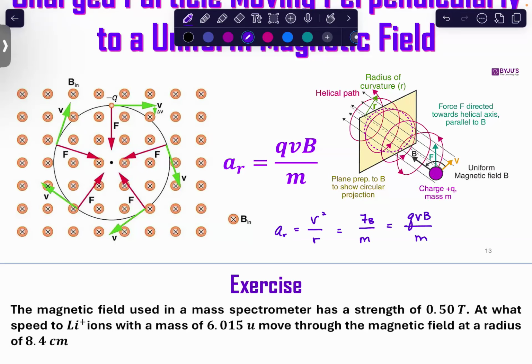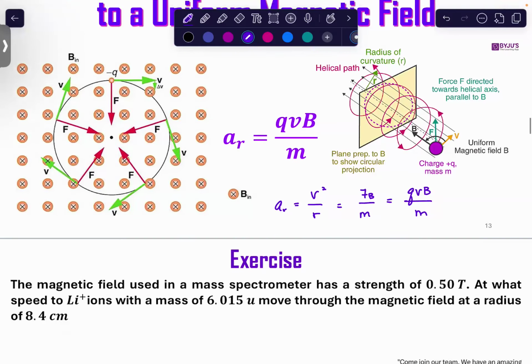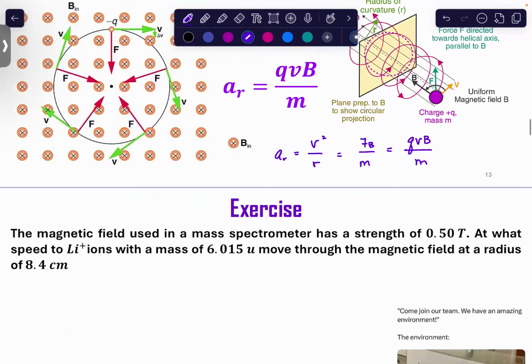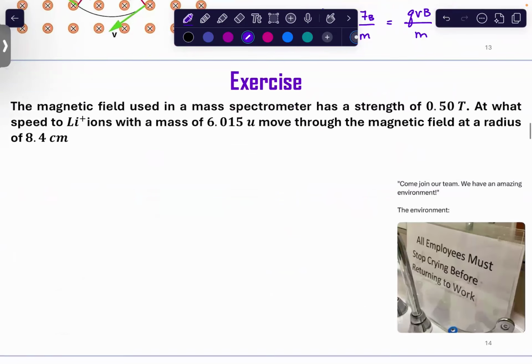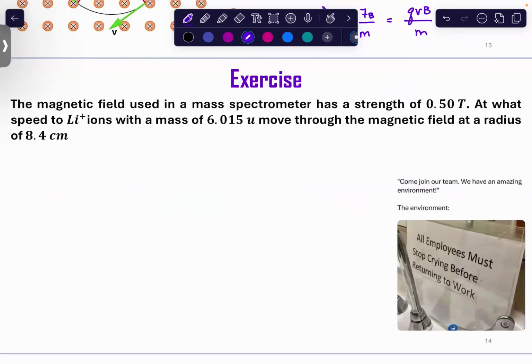So we have QVB over M, but for a lot of problems you solve, you're going to need to use V squared over R equals QVB over M. That's your magnetic force. Oh, look here. Solve it, Maggie.